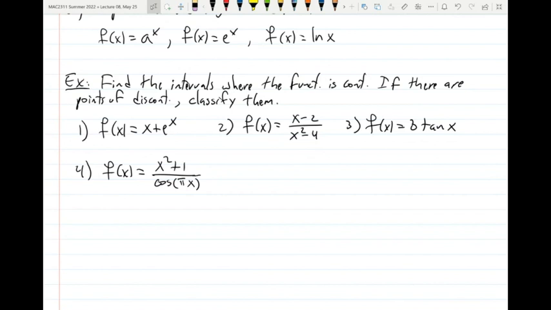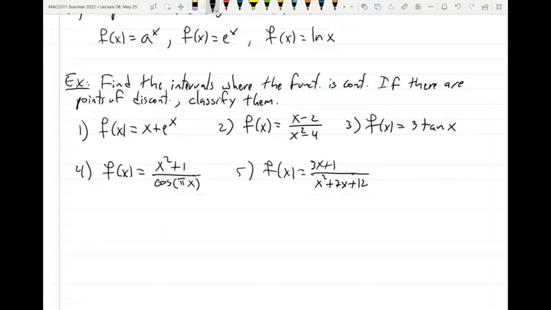Okay, so here we have some function. Let me give you another one. So here we have 5 functions. I want you to tell me where they are continuous, and if some of them happen to not be continuous at some points, then tell me the type of discontinuity.